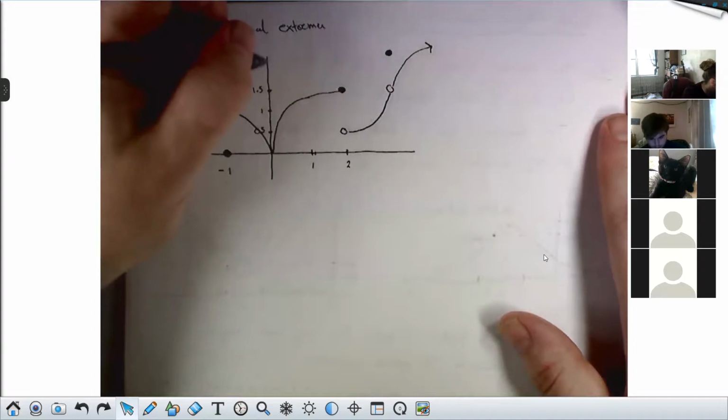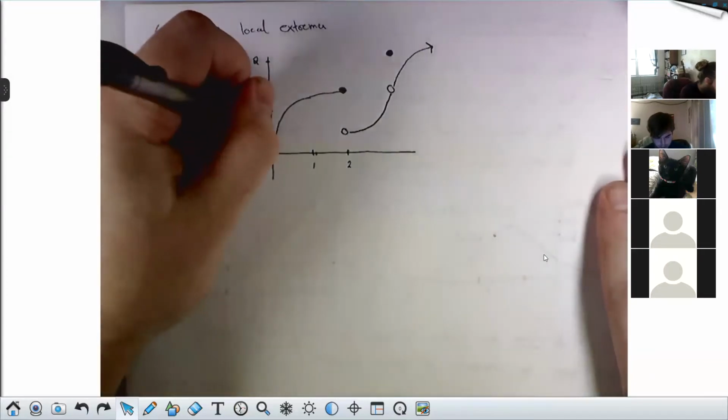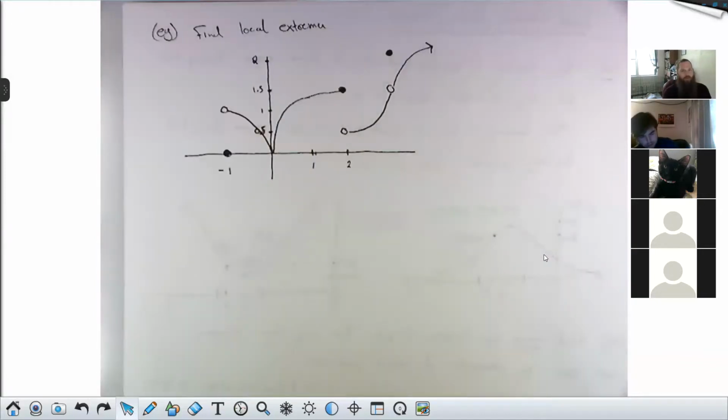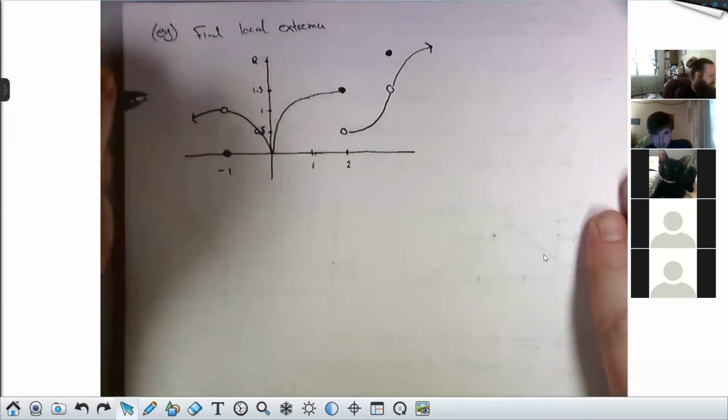What else can we, we'll call this up here, 2. Okay. So I'd like to find the location and min or max value at any of the extrema here. And let's also say this continues off like that.